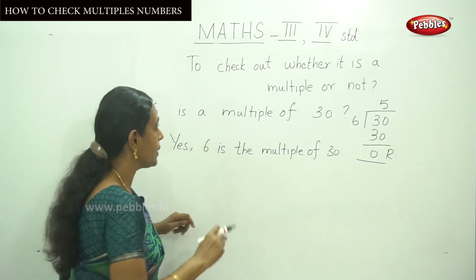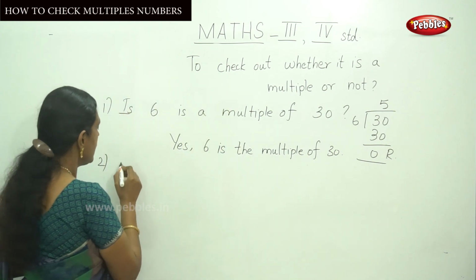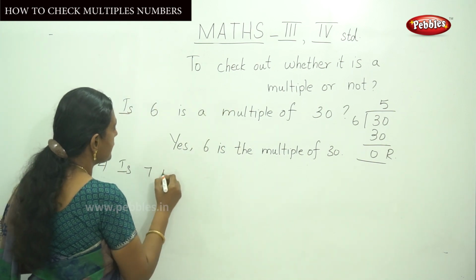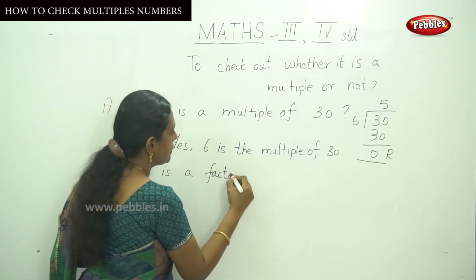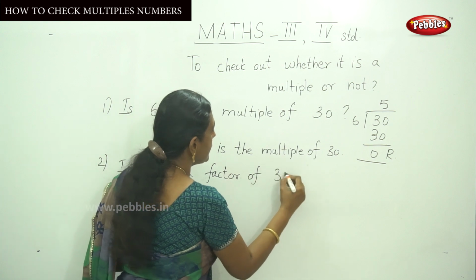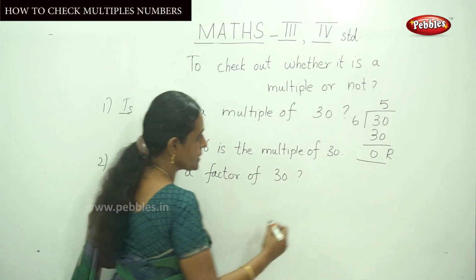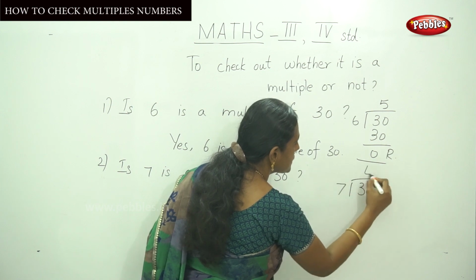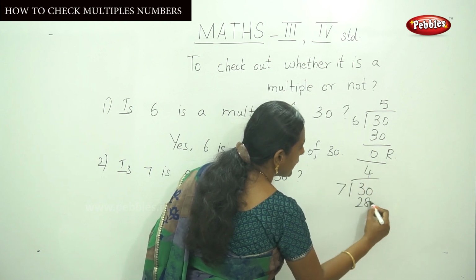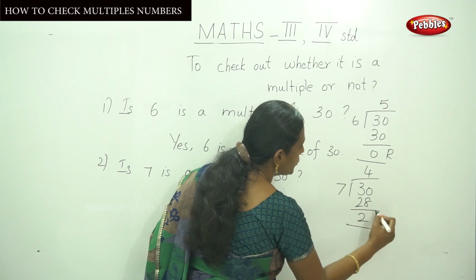Okay, same pattern: is 7 a factor of 30? That means 30 divided by 7, that is 4 sevens are 28 and the remainder is 2.